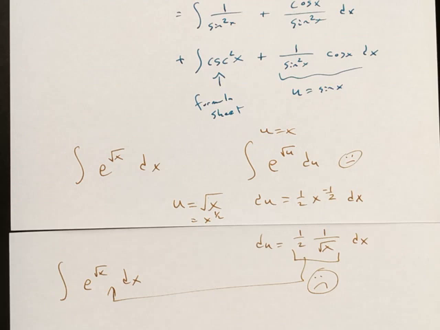I'm going to multiply by 1. But the 1 I'm going to use is 2 square root x over 2 square root x.